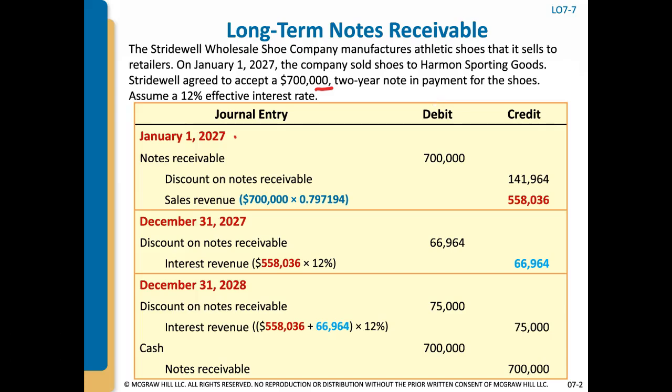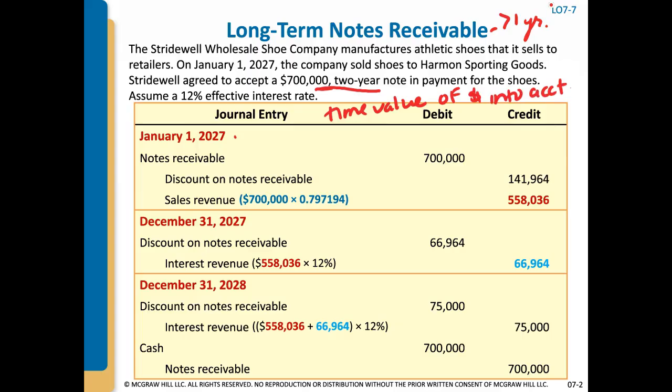And now the big difference with the long-term notes means greater than 1 year. The terms of the note are greater than 1 year, at which point you have to take the time value of money into account when you have a receivable or a payable, whether you borrow money or lent money.